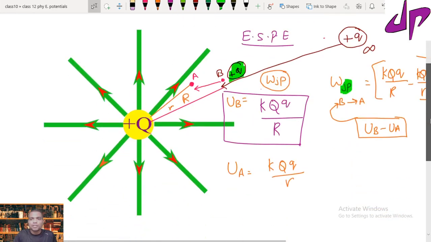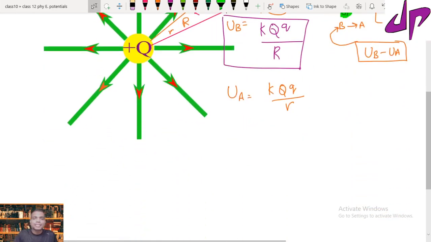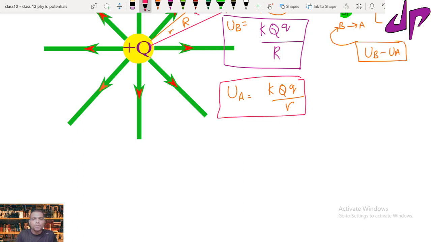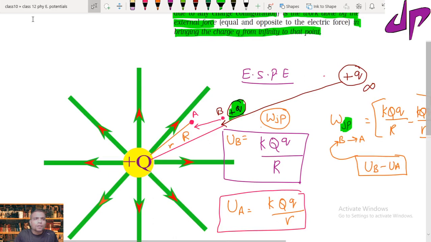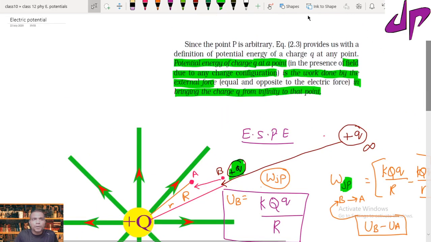Now by using this expression for electrostatic potential energy, we will define electrostatic potential. According to the definition, it is defined as the work done per unit charge.